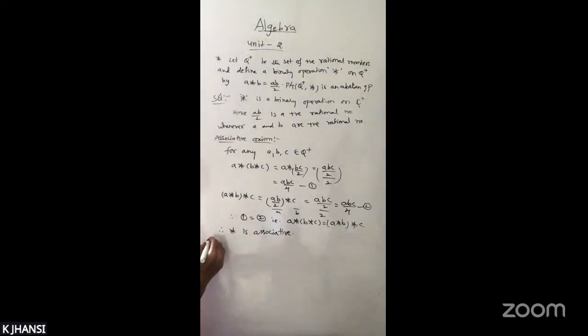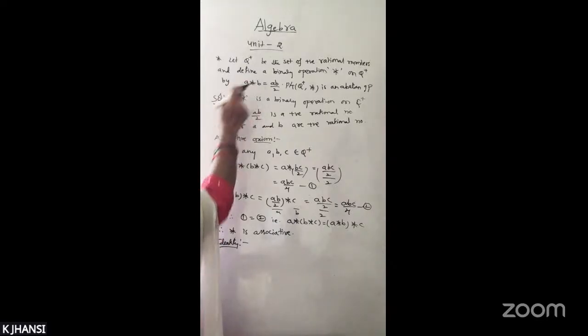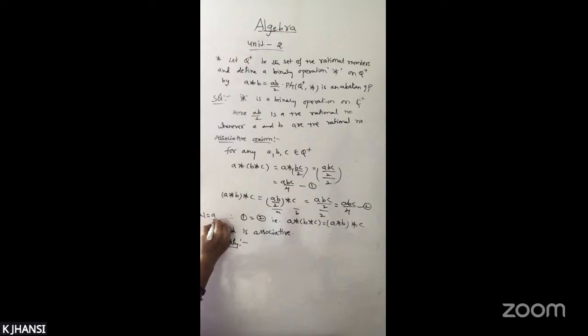Next, the second one is identity. Identity means whenever you operate with A, you have to get the same A value. So A into 1 should be equal to A, and by the definition A into B is AB by 2.